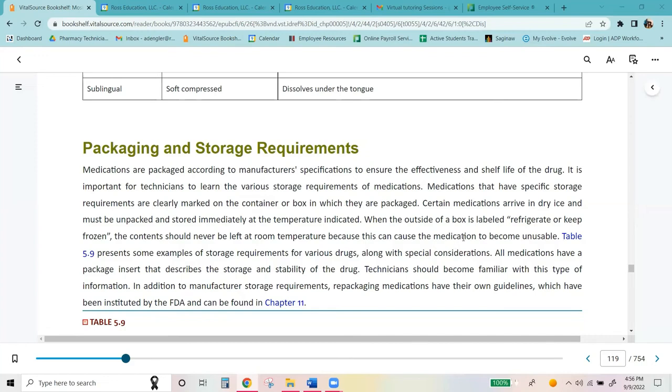And then usually you'll see outside of the box, refrigerator, keep frozen. The contents should never be left at room temperature because this can cause the medication to become unusable. And a good rule of thumb is that anything that is injectable is probably expensive. Not everything, but some of the stuff that's refrigerated especially.